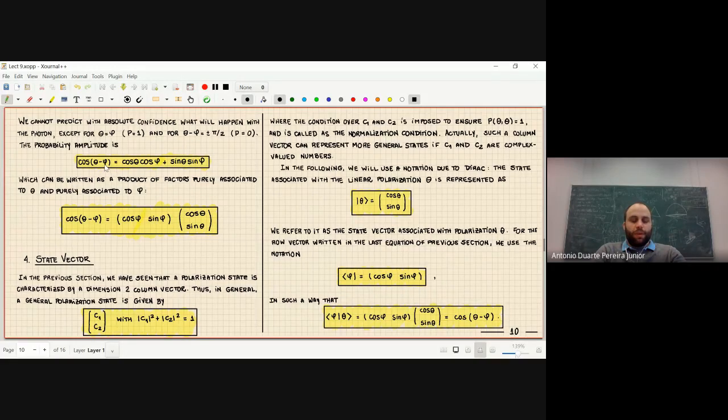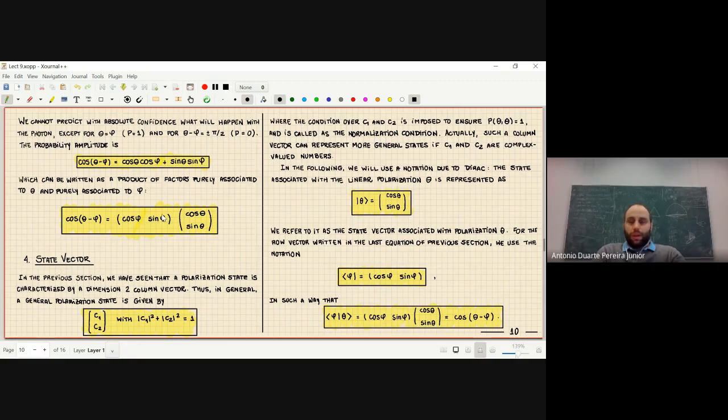The probability is cosine squared, but I can write cosine of theta minus phi using this trigonometric identity. So I can separate it as cosines and sines of the angles. And finally, the sum can be rearranged as a product between two vectors. I have a vector that just gives information about the polarization in the direction theta, and I have another vector that gives information about the polarization phi.